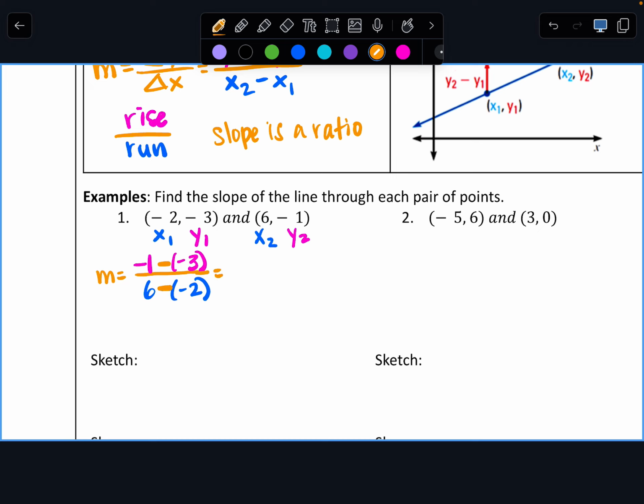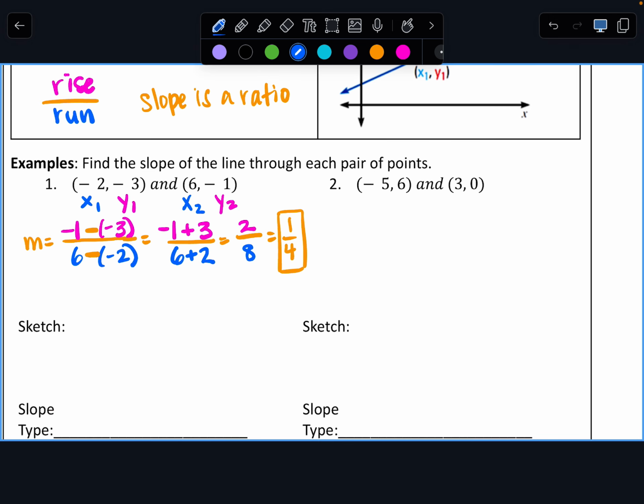Now to simplify this, I would change that double negative into a plus. So this is going to become -1 plus 3. And this will become 6 plus 2. So my final slope will be 2 over 8. And that can be simplified to 1 over 4. So my slope is 1 over 4.